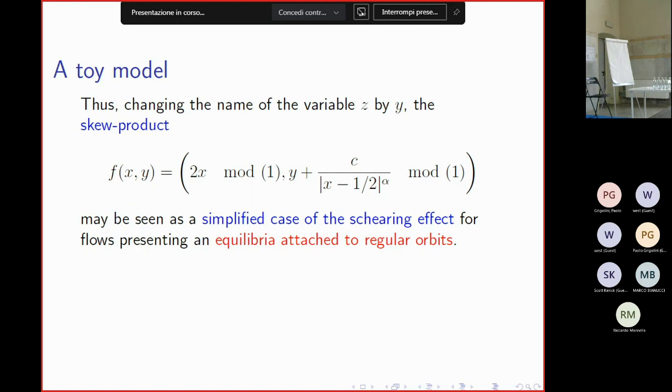This can be seen as a simplified case of the shearing effect for flows presenting an equilibrium attached to regular orbits. This is the map we arrived at, and our goal was to prove that this map has exponential decay of correlations.